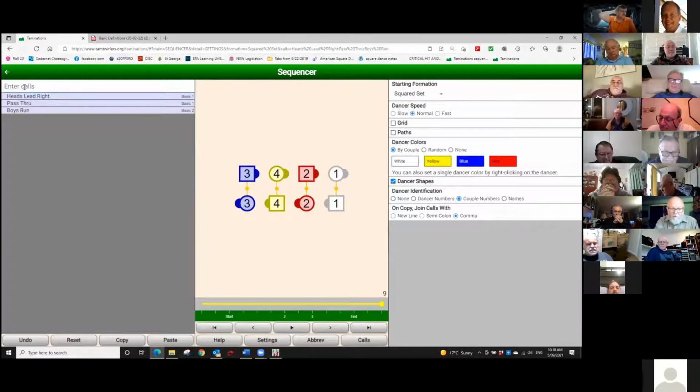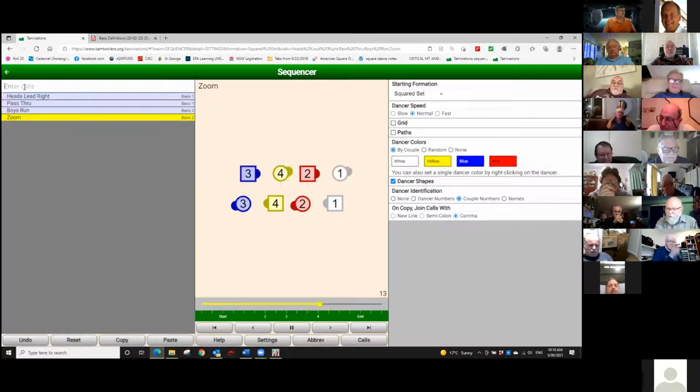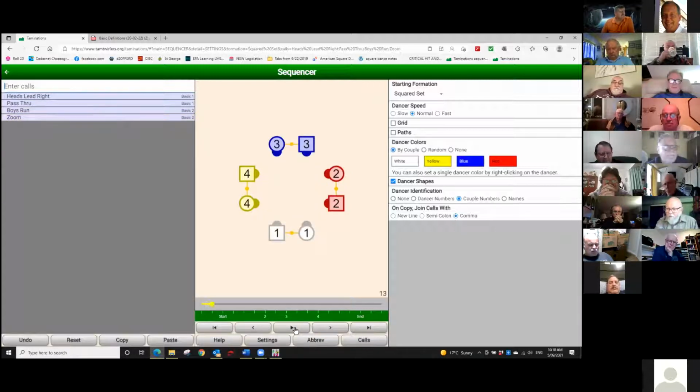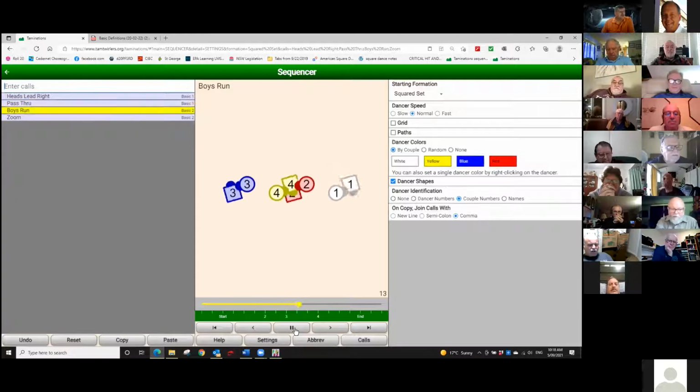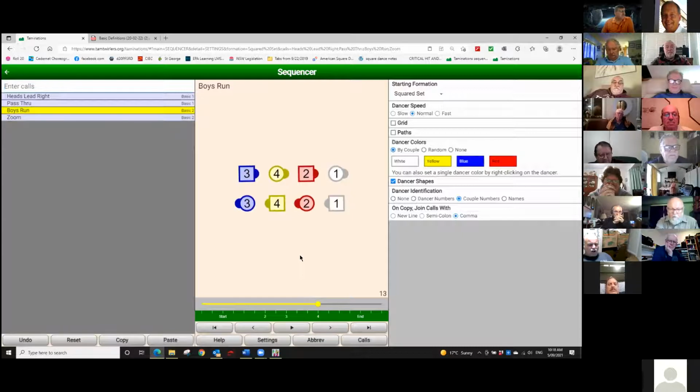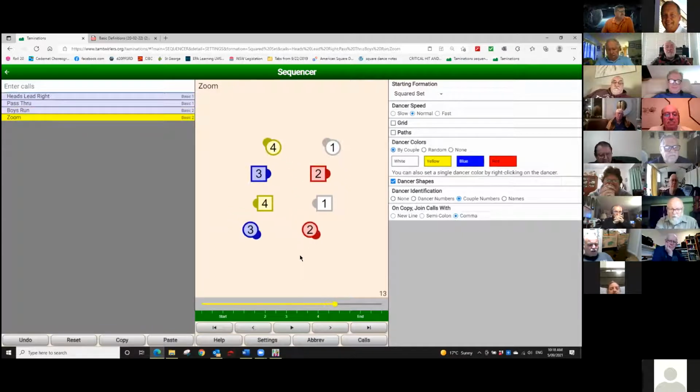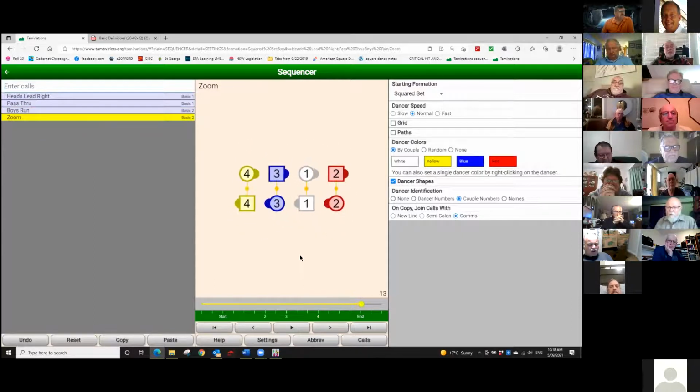So I'm setting that up. So I've still got the ladies as the leaders, and you're saying zoom. Okay. So let's play that and see what happens. We're setting it up. We'll do a pass through. All the boys run right. And we want to follow that with a zoom. Oops, sorry. What do people think about that? Looks fine. Okay.